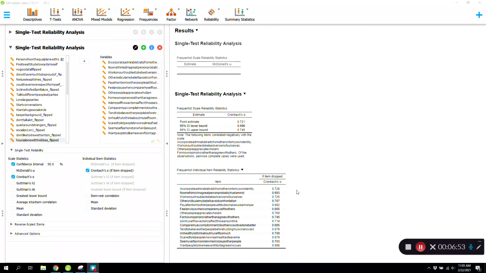Okay. So I pulled out, let's see, I think one of them here is "other people appreciate who I am." Of course, if you pull that out, it brings the Cronbach alpha up. I pulled out the one about forming opinions. Okay, so let's do that right now. I've got notes on all this from when I did it.